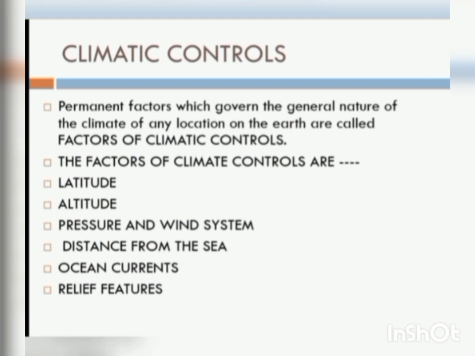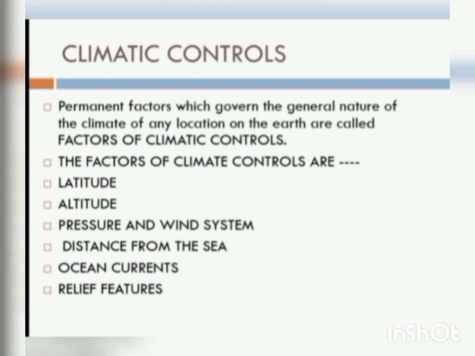Ocean currents. Along with onshore winds, the ocean currents affect the climate of coastal areas. For example, cold onshore currents bring coolness in the coastal area. Relief features. High mountains block cold or hot winds from reaching a location.